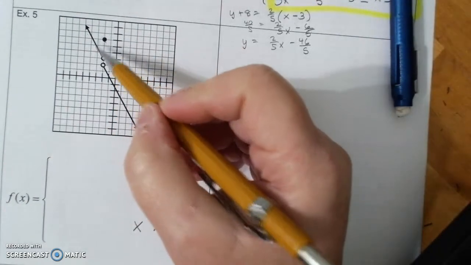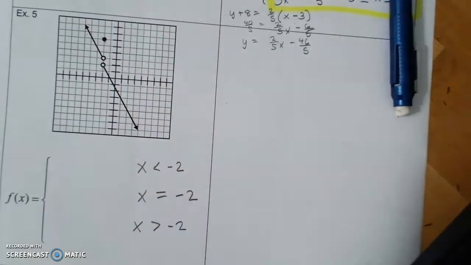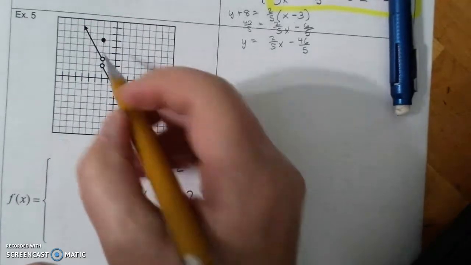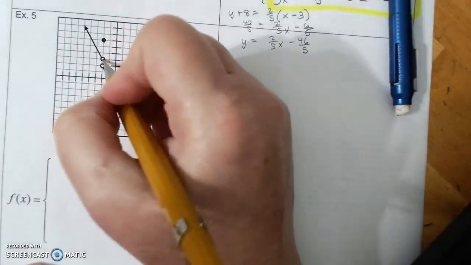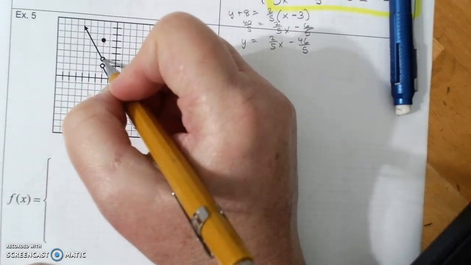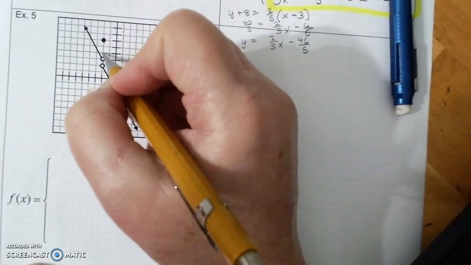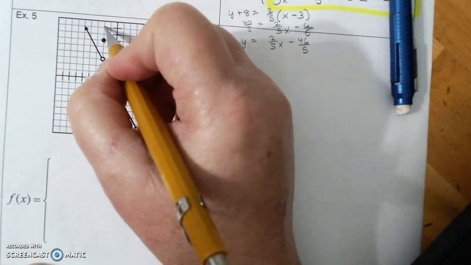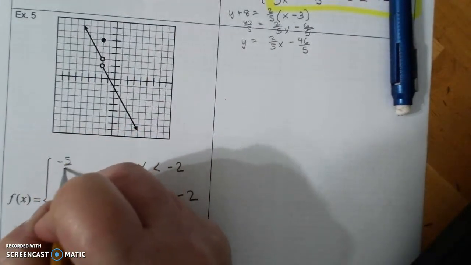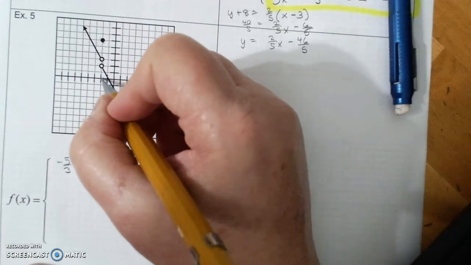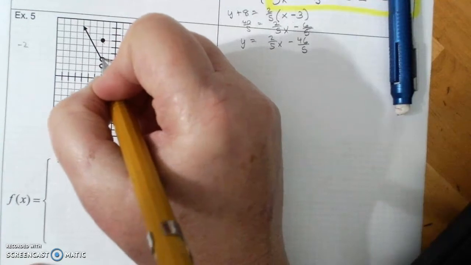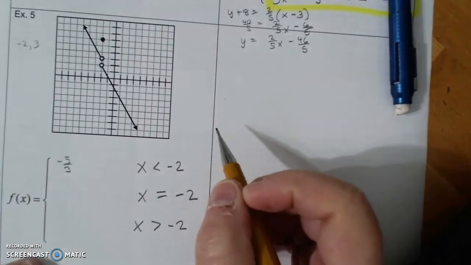And because I have a closed dot on top of 2 open dots, it still remains a function. So this right here is at, let's see the slope. The slope is -5/3, and this point is at -2, 3.